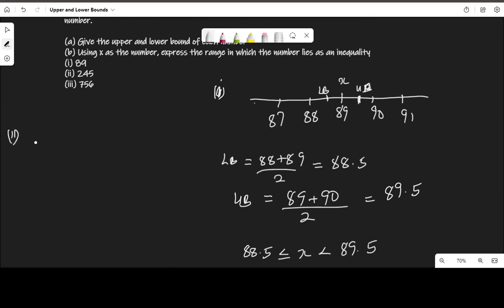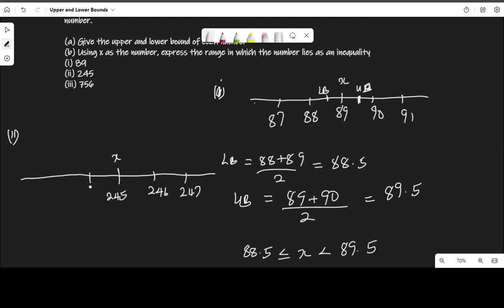I will have 245. Remember the accuracy here is the nearest whole number. So the number x is 245. The next whole number to 245 is 246. The next whole number to 246 is 247, and so on.